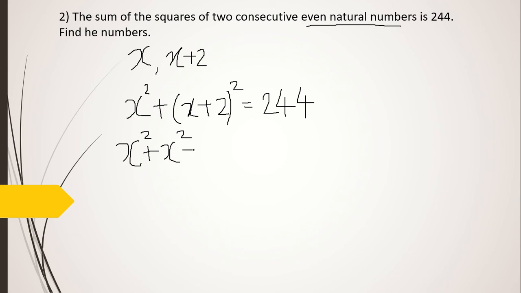So that's a square plus 2 into, let me put a dot there, not a multiplication sign, otherwise we will get confused about what is x and what is multiplication. 2 into a into b plus b square. This is the formula of a plus b the whole bracket square, which is equal to 244.